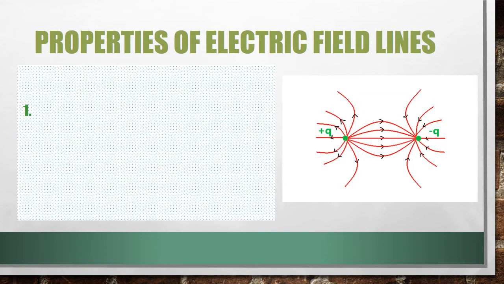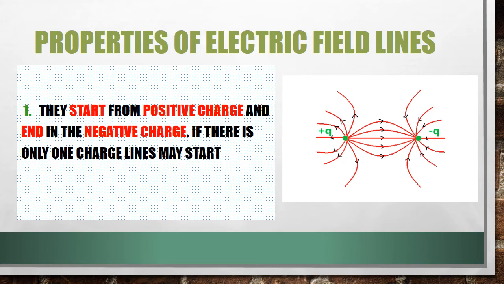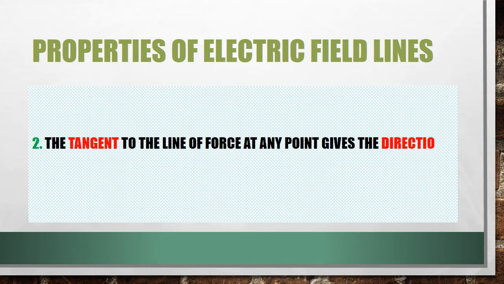Number 1, they start from positive charge and end in the negative charge. If there is only one charge, lines may start or end at infinity. Number 2, the tangent to the line of force at any point gives the direction of the electric field at that point.